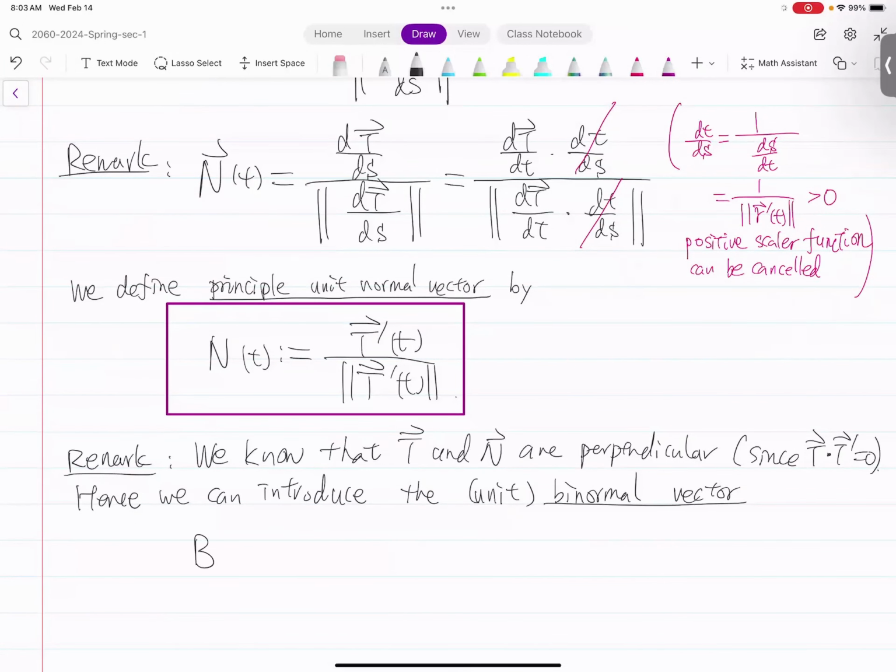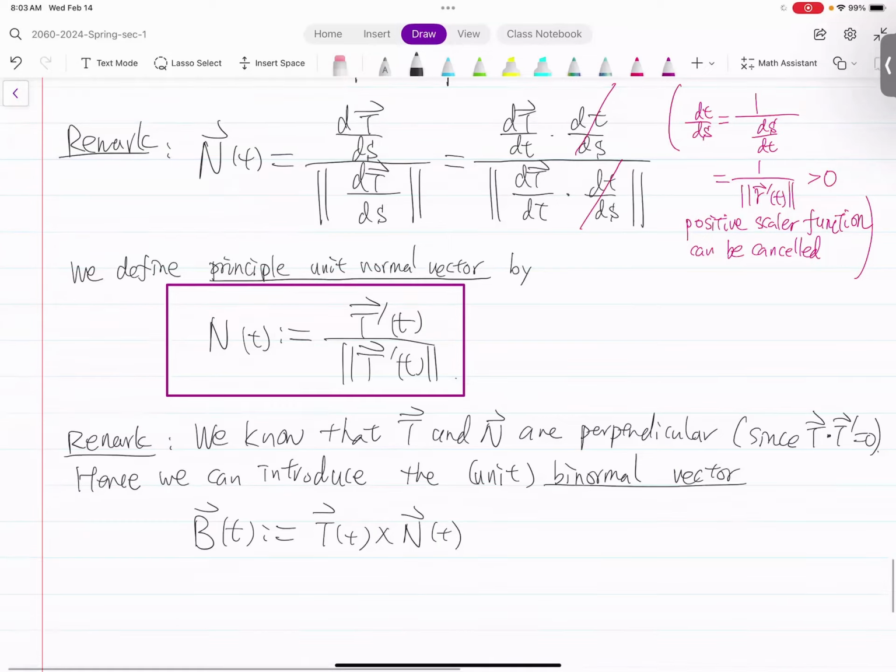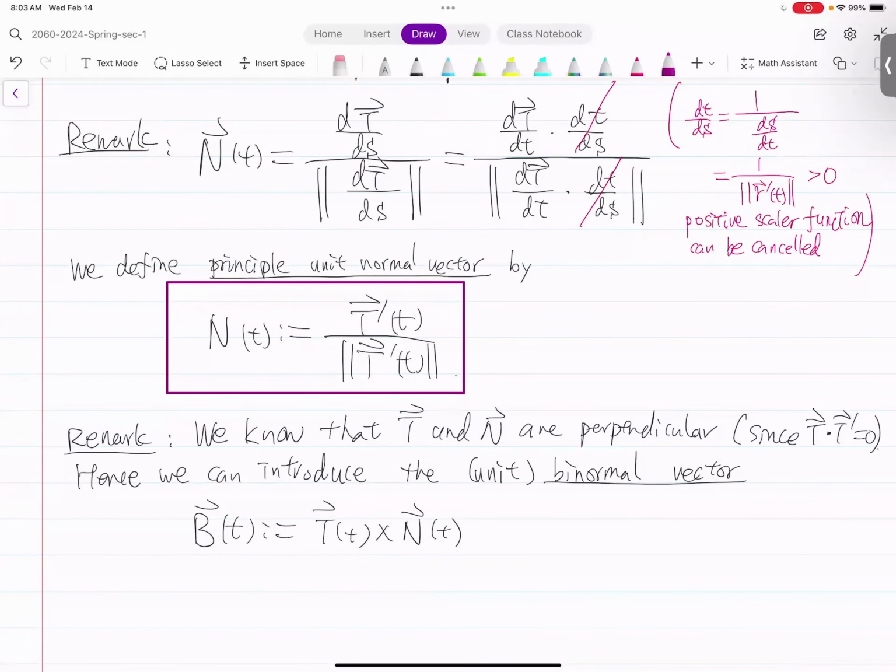So we just use cap B to denote the cross product of T and N. And of course, this is a unit vector.